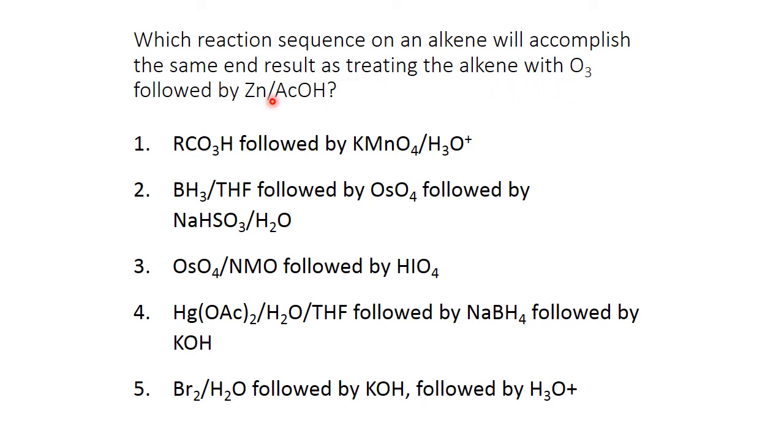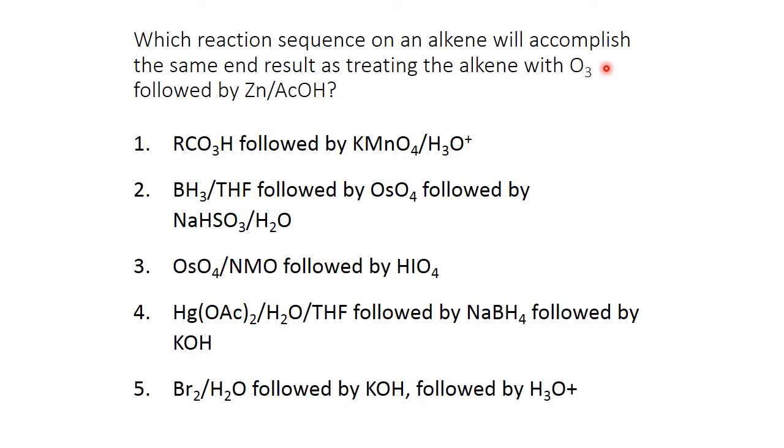Well, ozonolysis and zinc and acid will give a dicarbonyl product, and it won't matter what type of alkene you have, whether it's tetrasubstituted or disubstituted. If there's a hydrogen on the carbon double bond, the ozonolysis still gives you just a carbonyl and no oxidation down to a carboxylic acid.